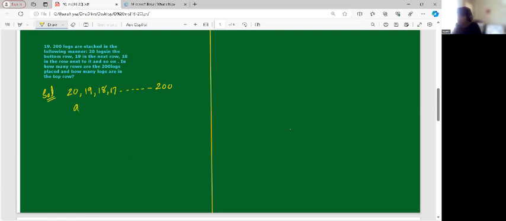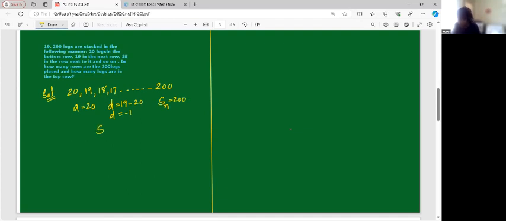Now if you take it as an AP, the first term is 20. The difference is second term minus first term, that is minus 1. The difference is minus 1. And already we know that Sn value is 200. We have to find how many rows there are.